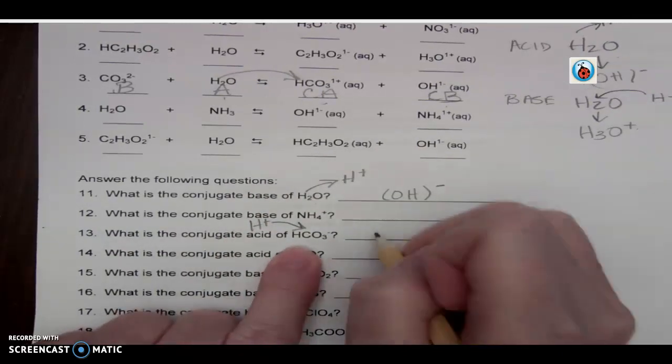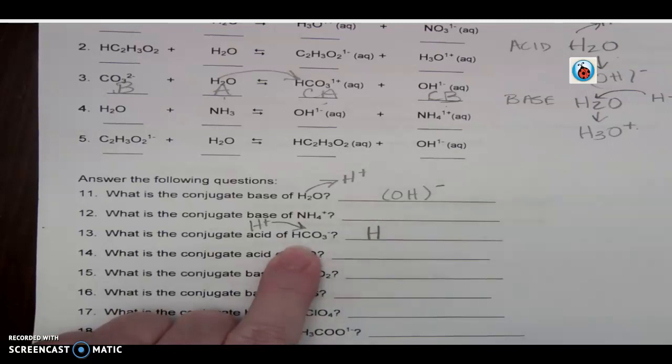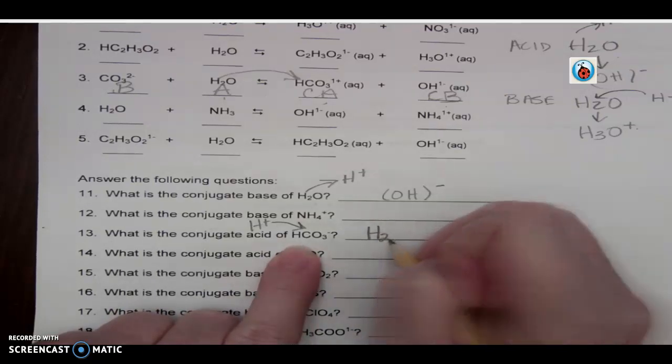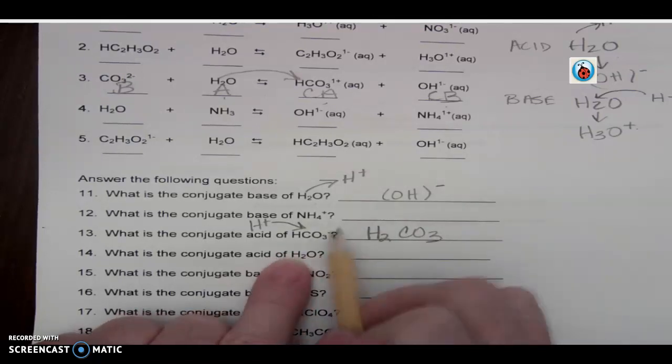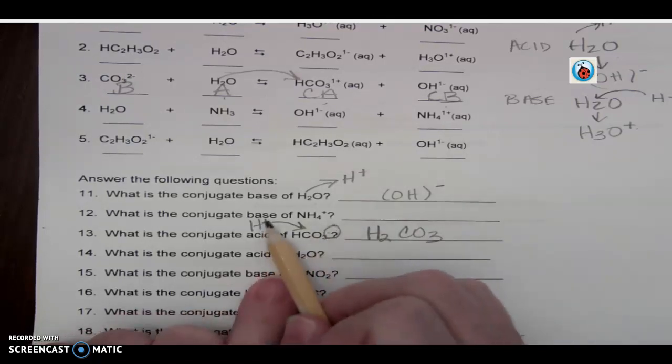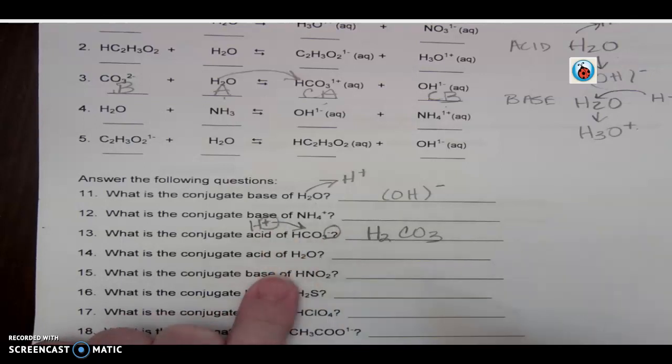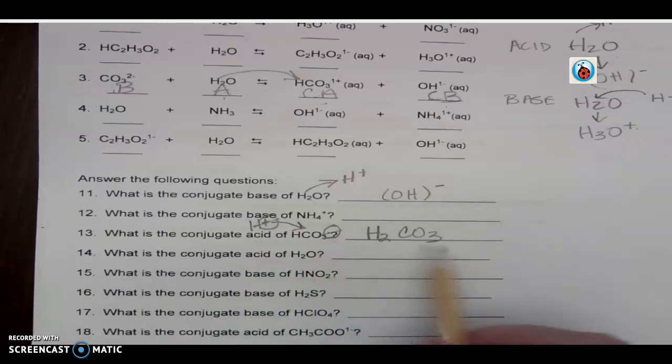So instead of just one hydrogen, how many hydrogens do I have? 2. So I've got H2CO3. It's negative, but I gain a positive charge. So what happens to those? They cancel out. So I've got H2CO3. You with me? Okay, so you're either taking a hydrogen away or adding a hydrogen. All right, have any more questions? Ask.